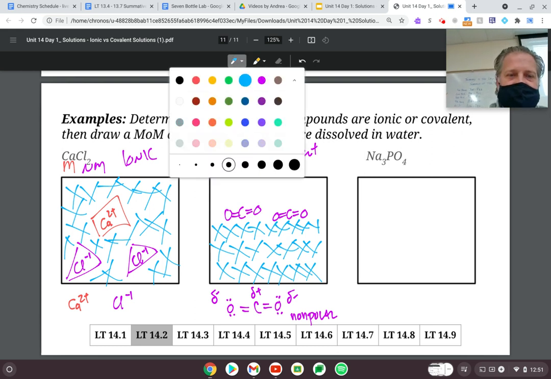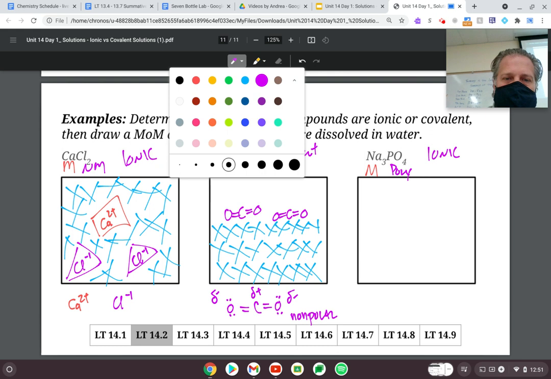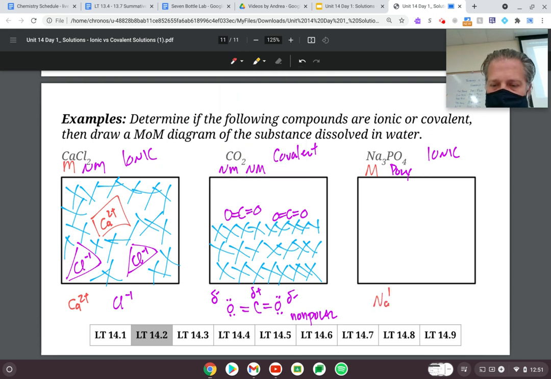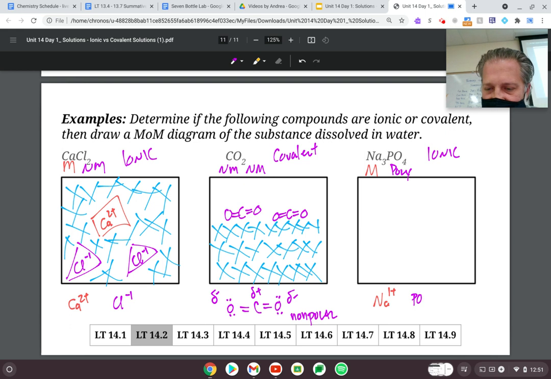And then lastly, I see that I have a metal, which is sodium, and a polyatomic ion, which is phosphate. So that makes this ionic. So sodium is a +1 charge, and if I look at the back of my handy dandy periodic table, I'm going to see that phosphate is a -3 charge.